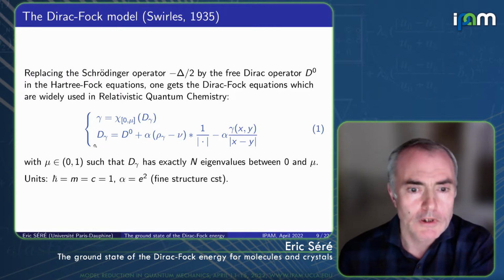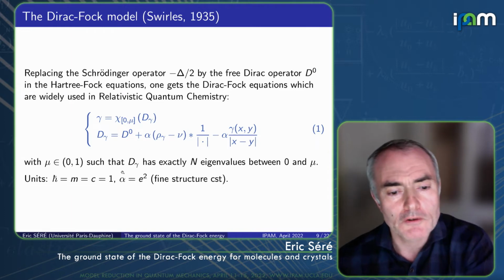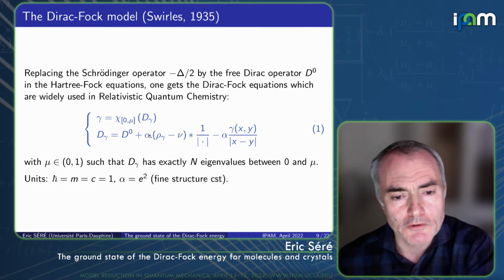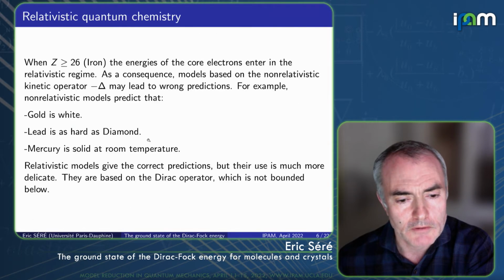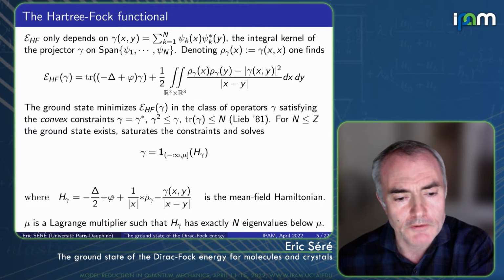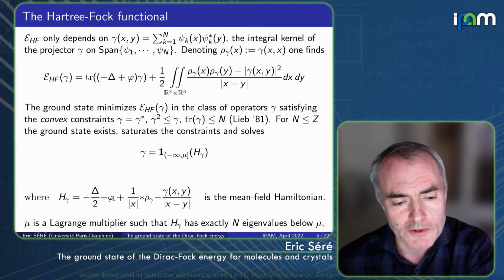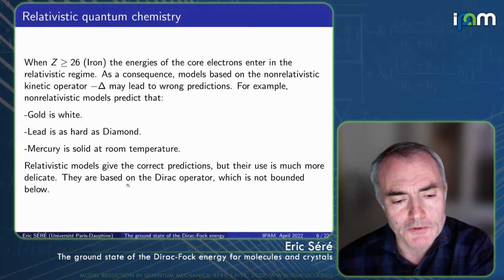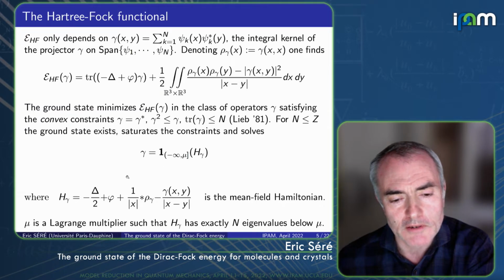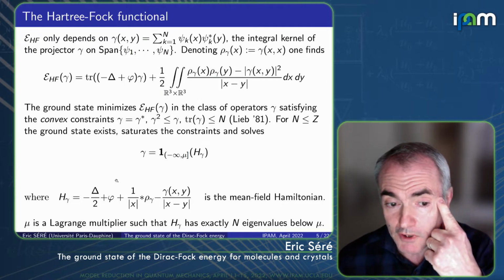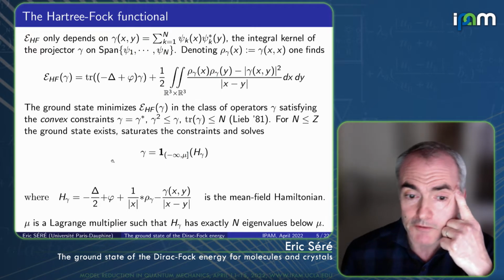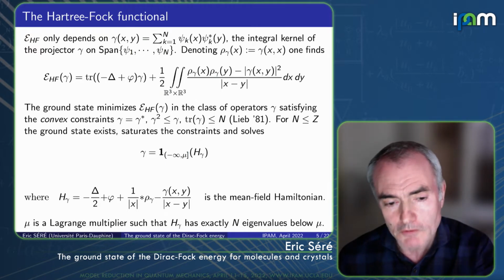Just a word about physical constants. There was no alpha in the Hartree-Fock. Let me look at the Hartree-Fock here. There was no alpha in front of the interaction potentials and in front of phi. Or if you prefer, our units here were such that the square of the charge of the electron divided by 4 pi epsilon naught was equal to 1.